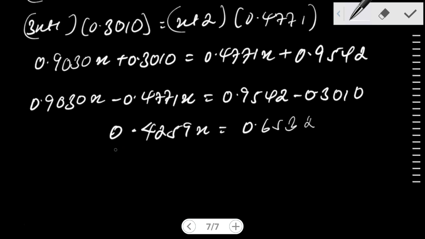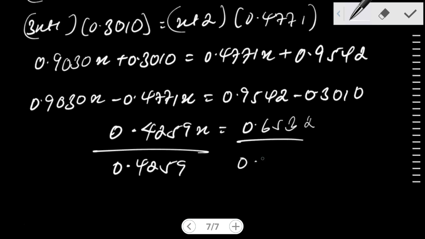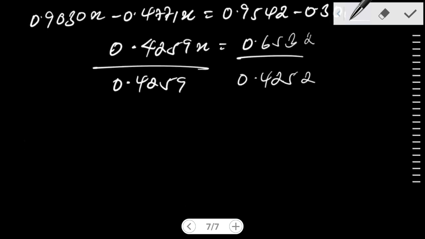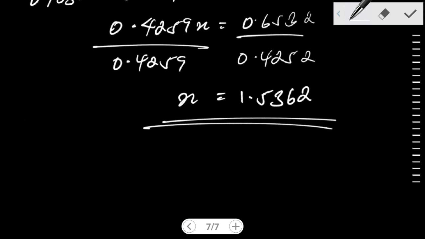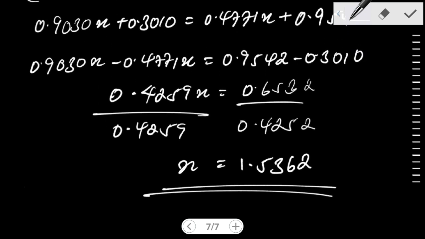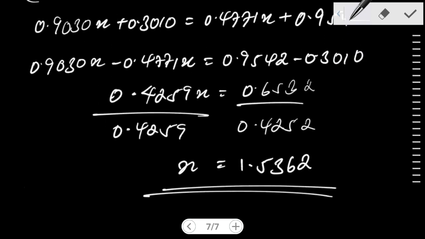So all over 0.4259 over 0.4259. So x would be equals to 1.5362. And this is how we can work out this example. Let's try one more example.